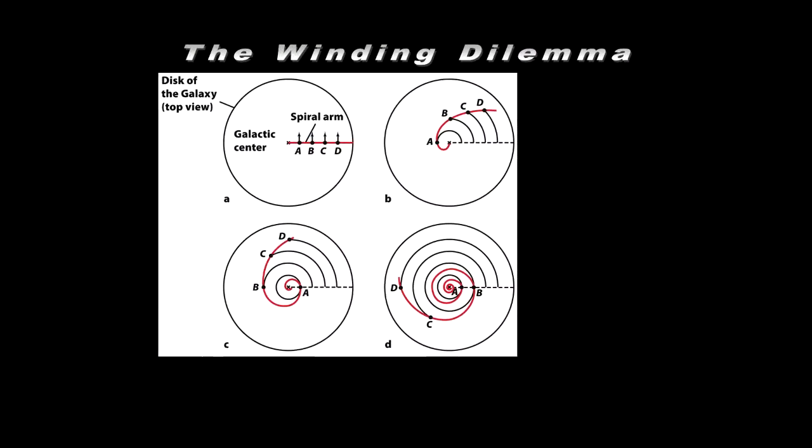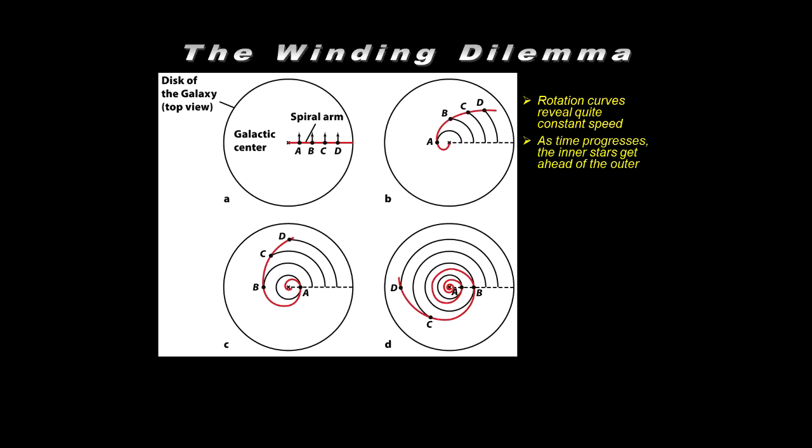Before we go any further in understanding spiral galaxies, let's get this thing called the winding dilemma out of the way. As we investigate galaxies, we notice that the stars, as a function of radius, their speeds are approximately constant. That's not totally true, but let's assume it is for the moment, because they are constant enough that this winding dilemma should manifest itself.